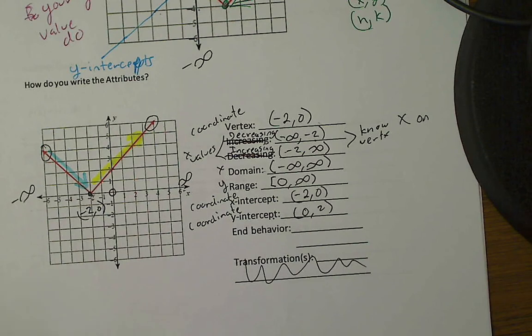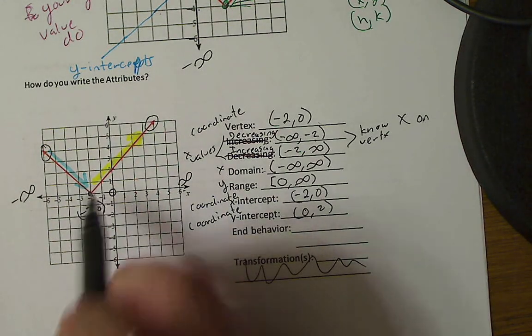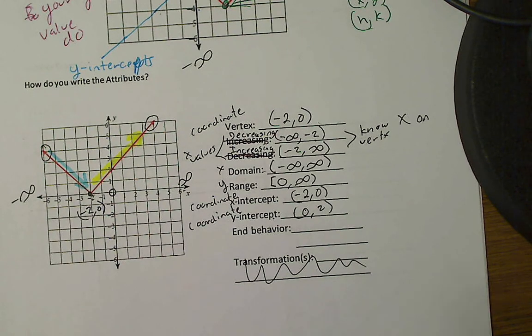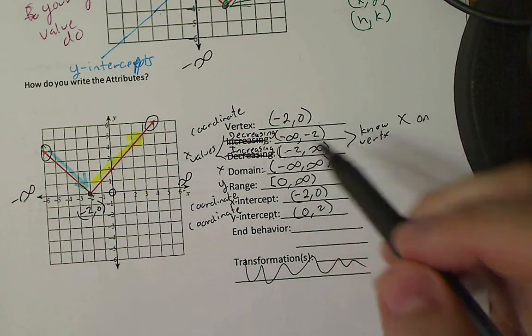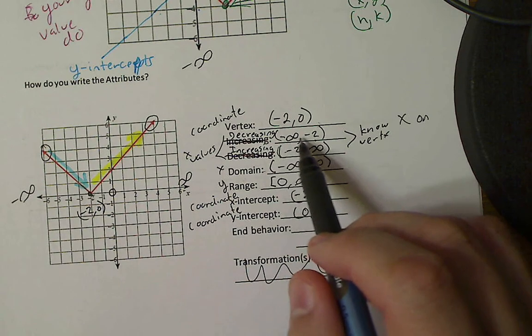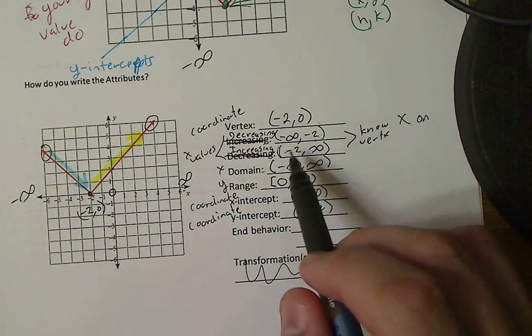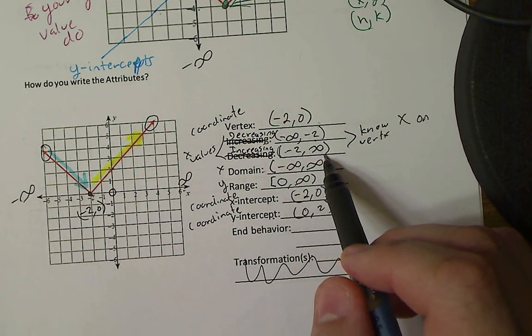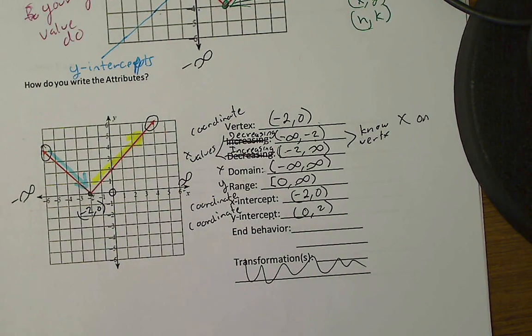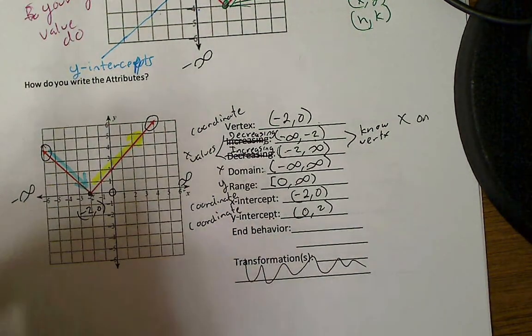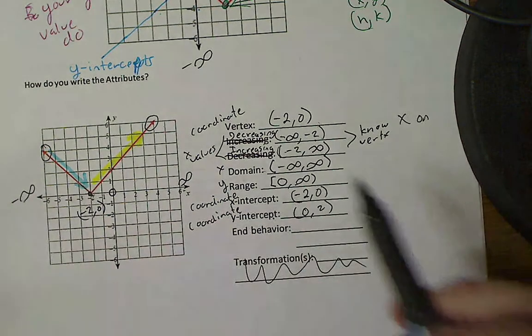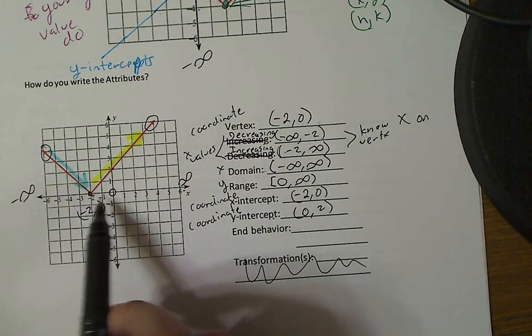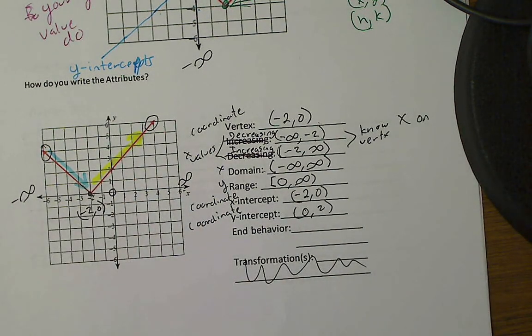Everything up to -2 you either increase or decrease, but once you get to the actual point or vertex, you are not doing either. So we use parentheses to indicate that we're doing this up until -2, and then after -2 we're starting back up again. I know that's a little confusing, and that's why we practice these over and over again. But for right now, if you can at least tell me how to write this, I think we'll be okay moving forward.